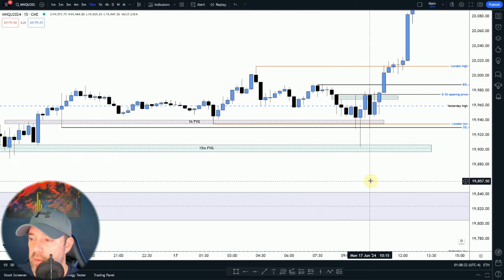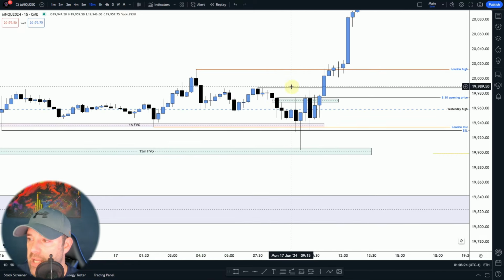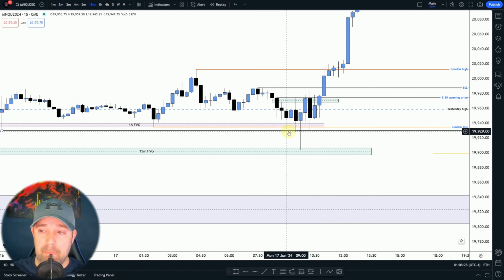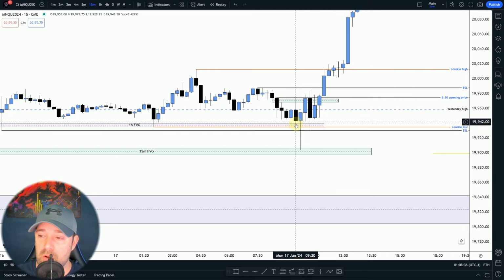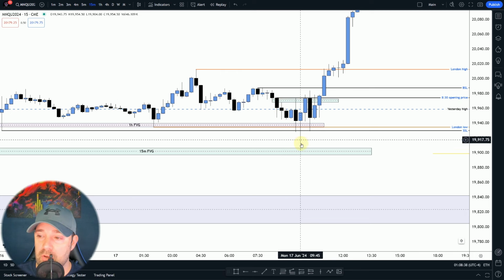So now I have a framework and I can say, well, I have buy side liquidity here, sell side liquidity. If I am bullish for the day, if I think price is going to go up, then I want to see the 8:30 opening price, I want to see it open and go down.